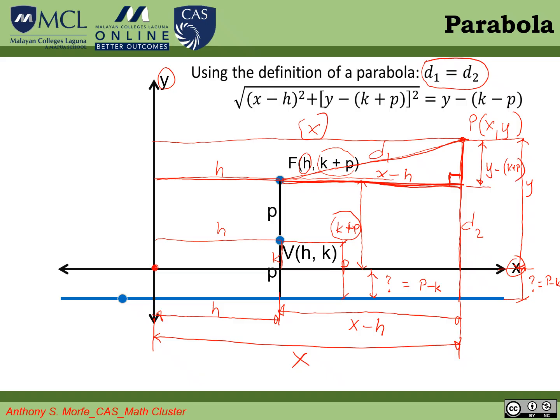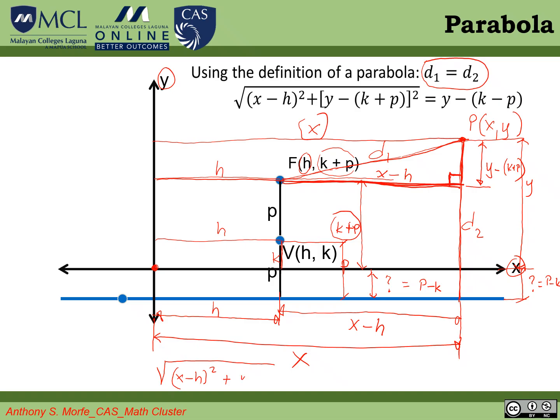So by the Pythagorean theorem, the diagonal D1 is just the square root of the square of the side, which is (x minus h) squared, plus the square of the side, which is (y minus (k plus p)) squared.